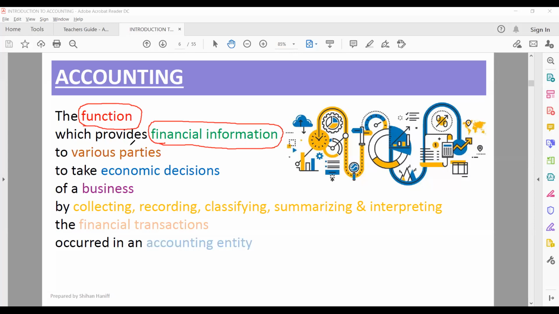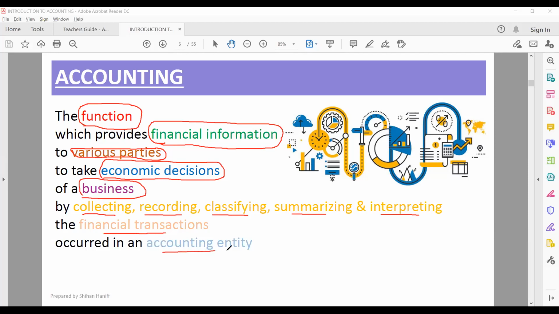One by one, let's explain. Accounting is a function which provides financial information to various parties, different people, to take economic decisions of a business by collecting, recording, classifying, summarizing, and interpreting financial transactions occurred in an accounting entity.